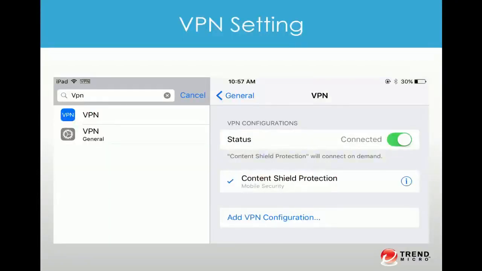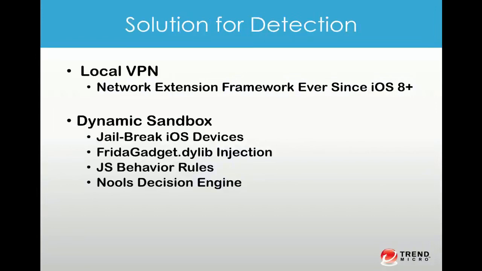For the first, the local VPN feature to detect such an attack, we can see that iOS has introduced a VPN setting here, and you can turn it on if an app from the Apple Store requires you to turn the local VPN feature on. We can see that this kind of local VPN, introduced since iOS 8 to iOS 11, lacks a web traffic filter on your local endpoint devices.